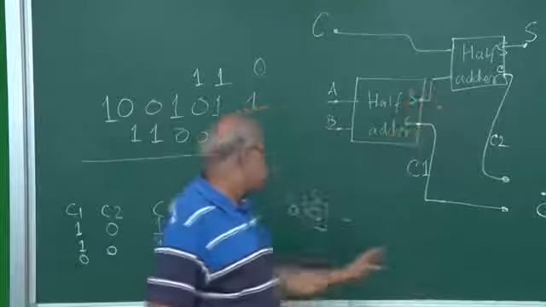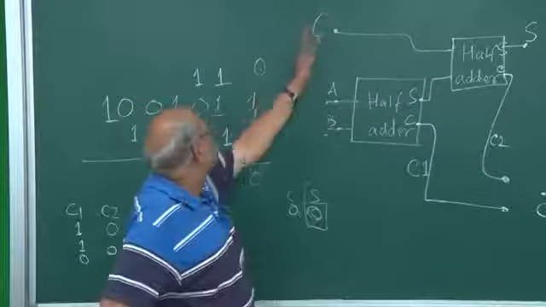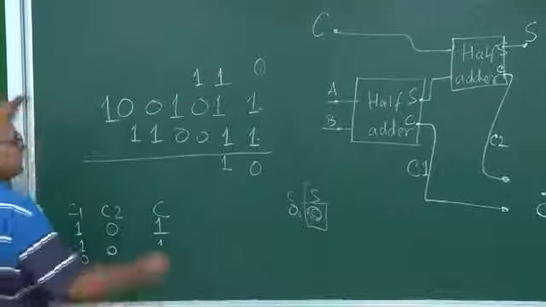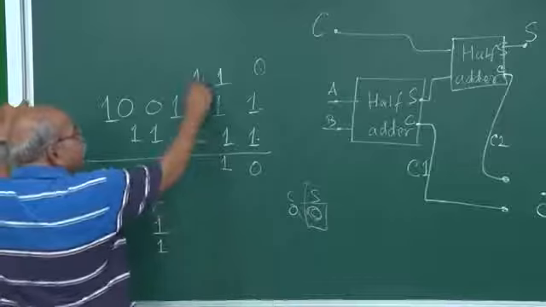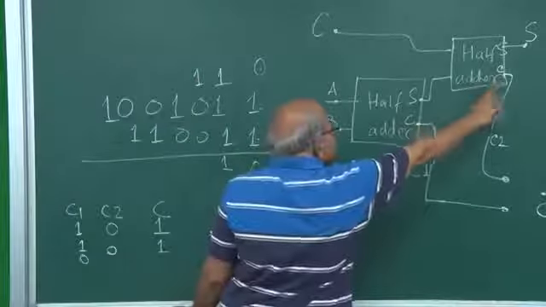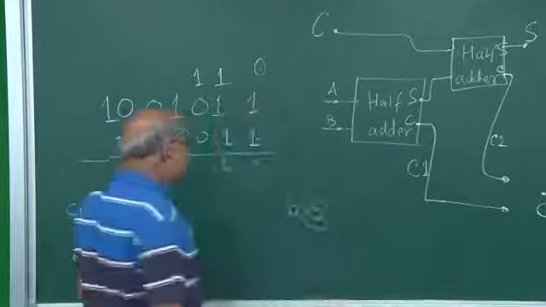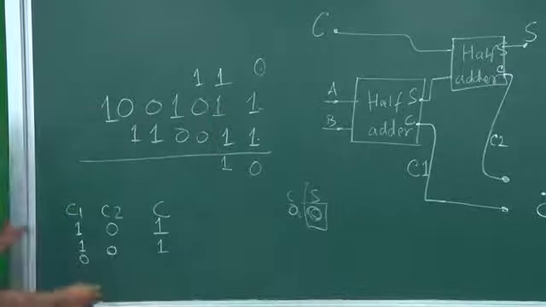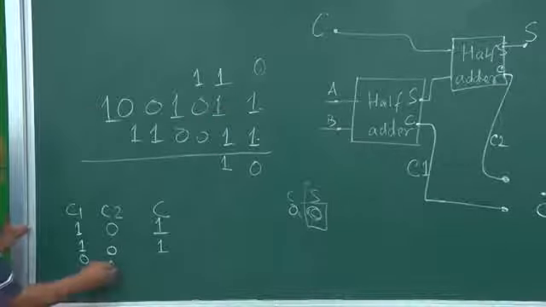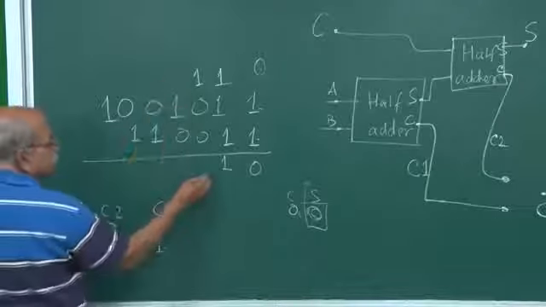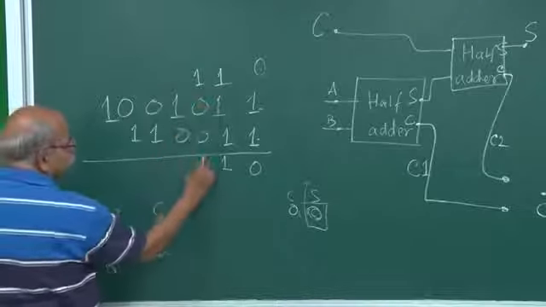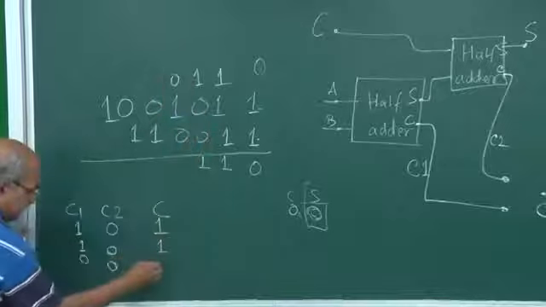The sum is 0 and the original carry is 1. So what will be the carry? 0 and 1, the carry will be 0. So this will be 0. And what is the final carry? This will give you 1 and 0 carry. So it is 0.